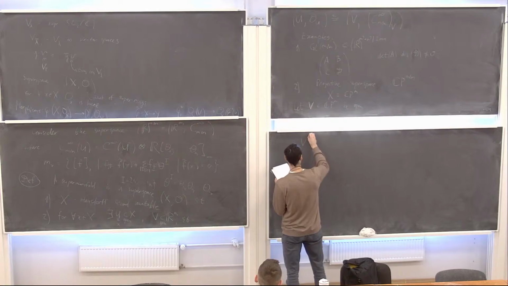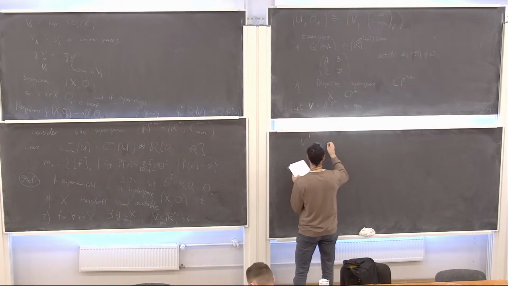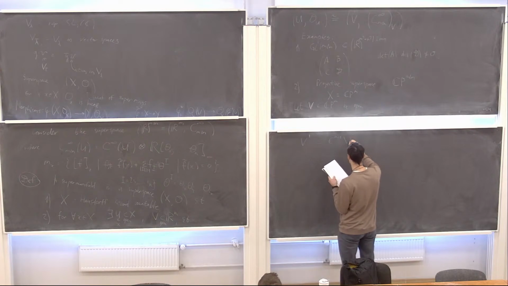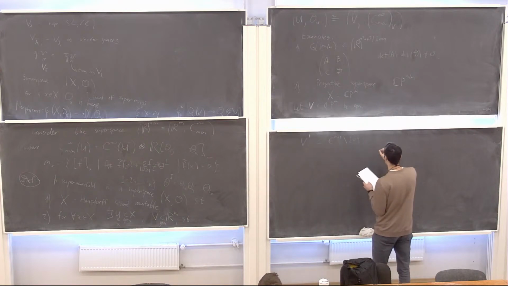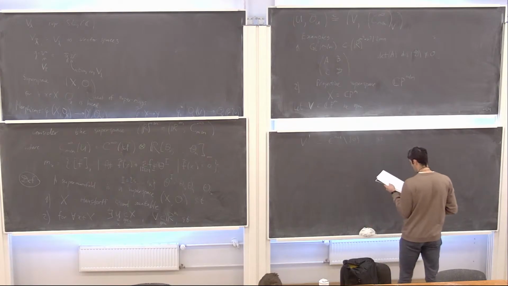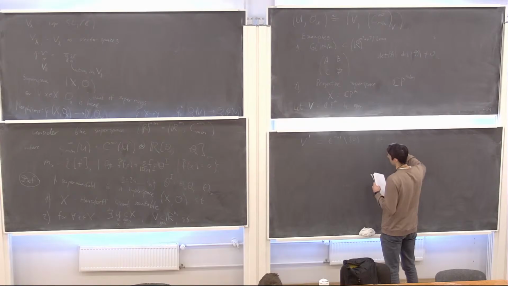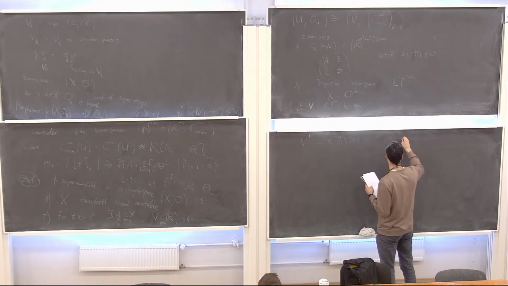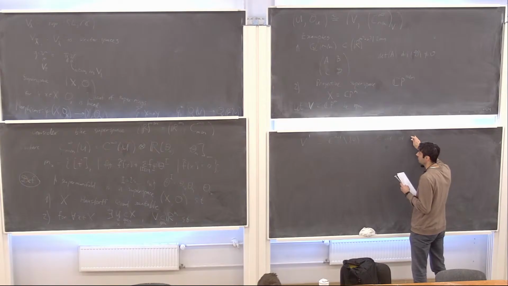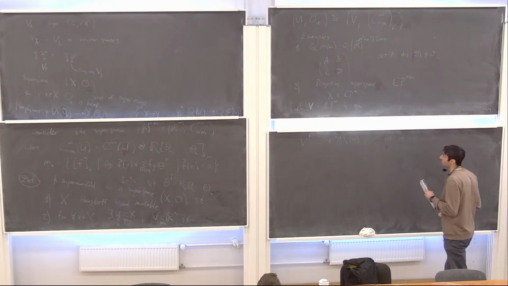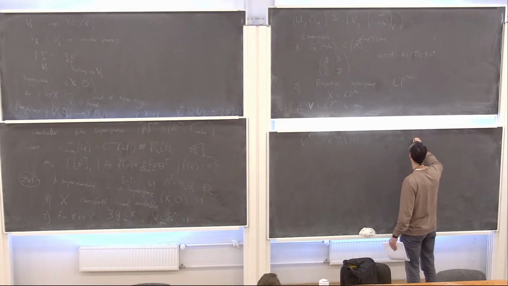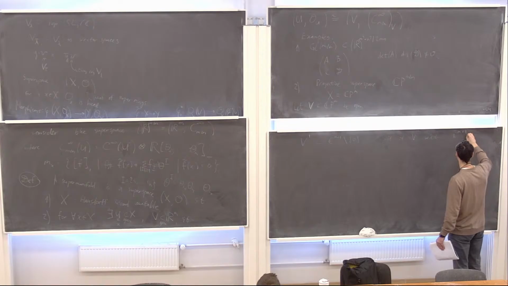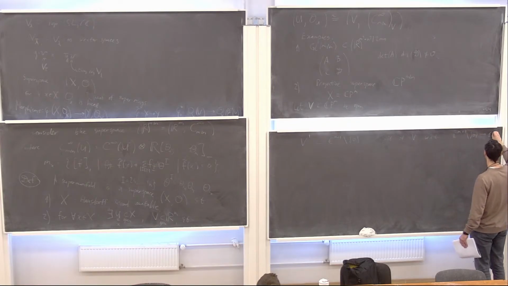So I consider V prime, which is an open subset inside C^(m+1) without 0, such that it's just the preimage, the lift of V with respect to the natural projection from C^(m+1) minus 0 to CP^m.